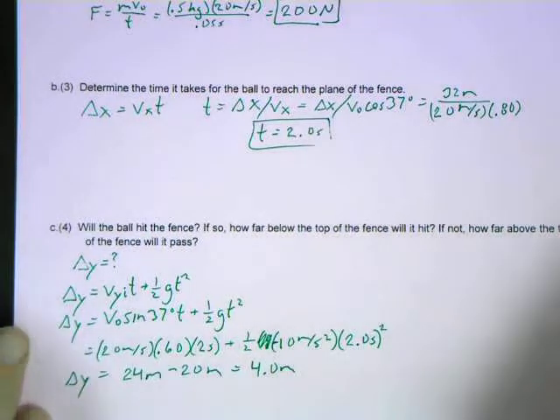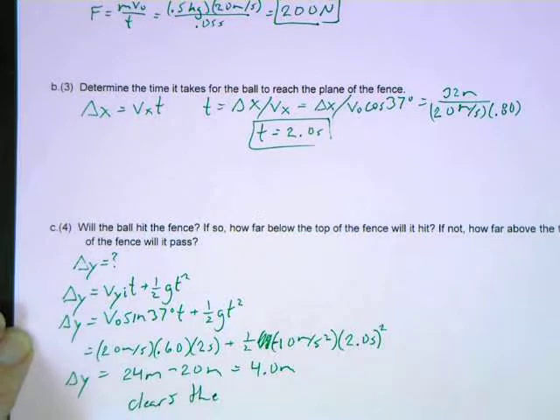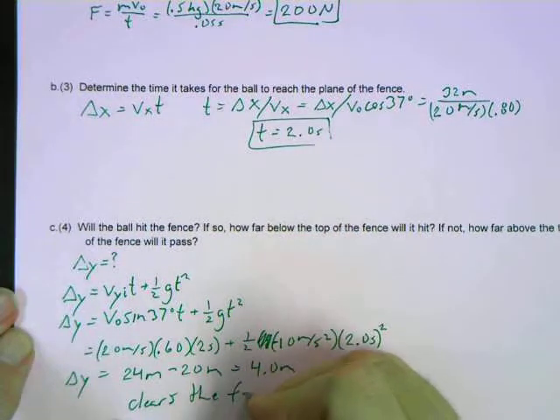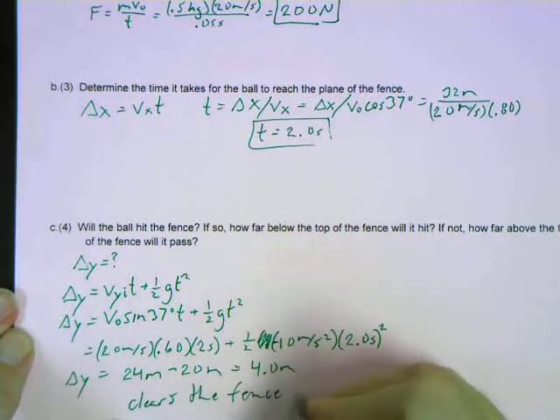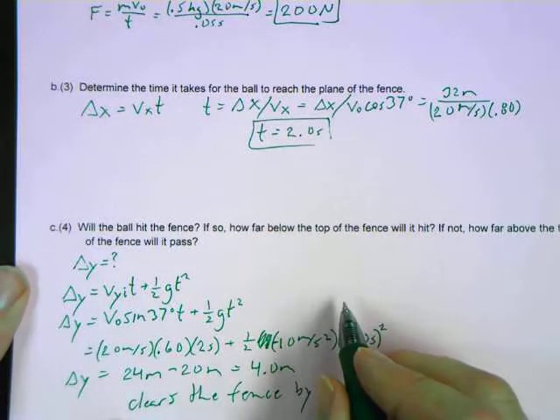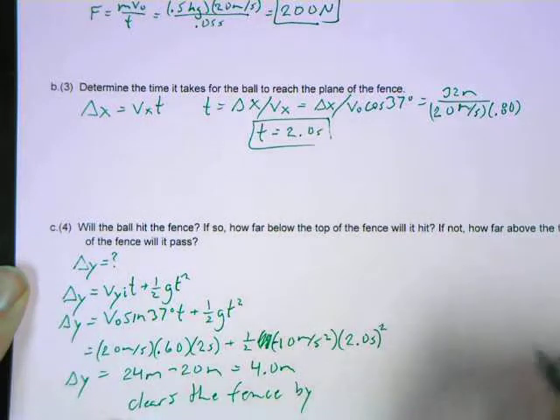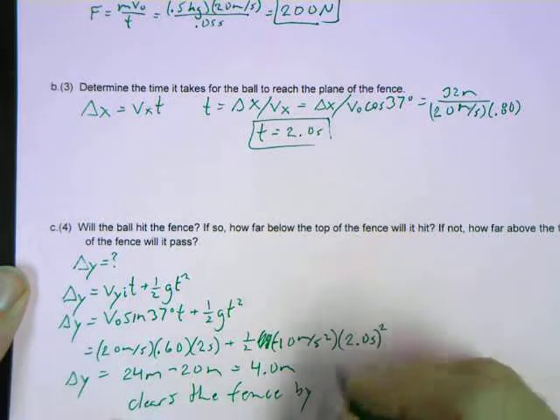Okay, my delta y is 4.0 meters, so it clears the fence by 4.0 meters minus the 2.5 meters. They're going to forgive you subtracting off one simple number.